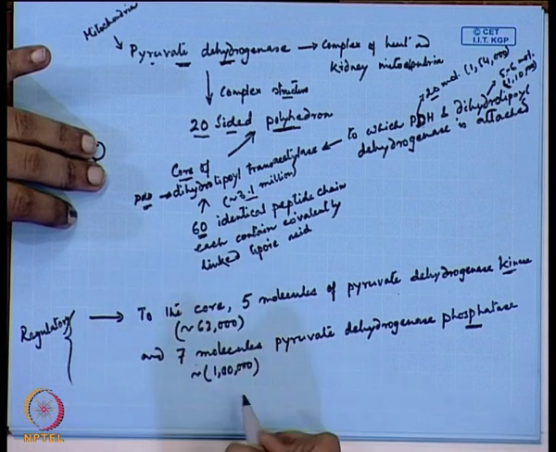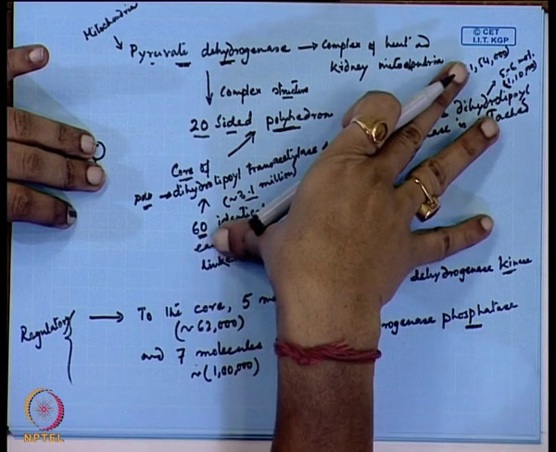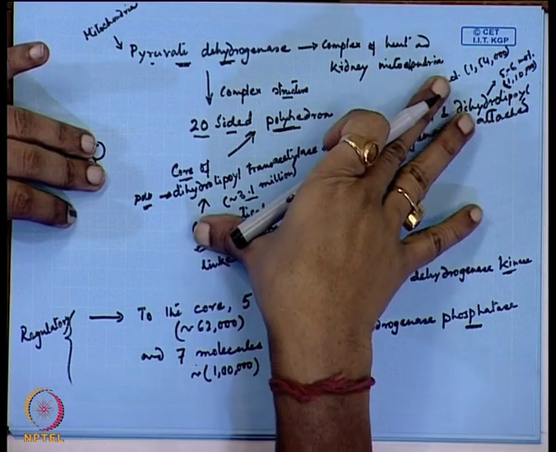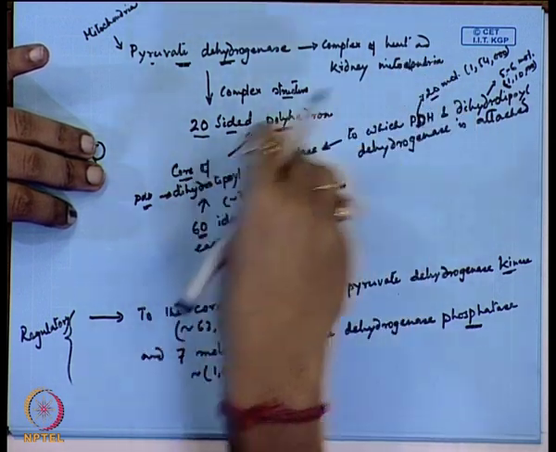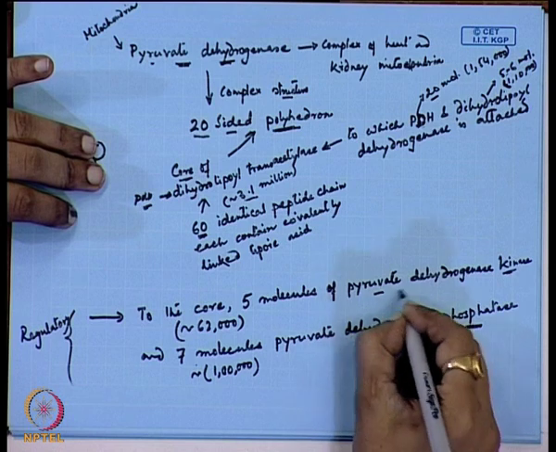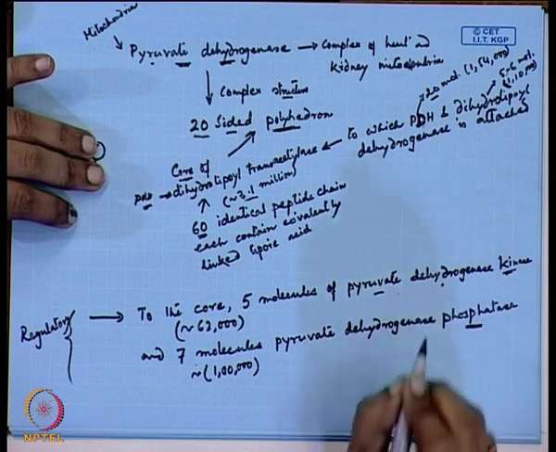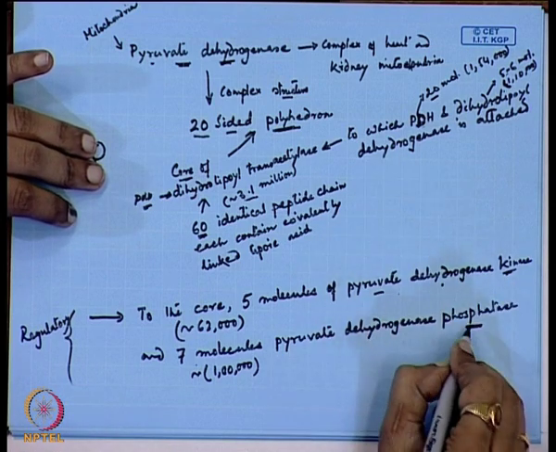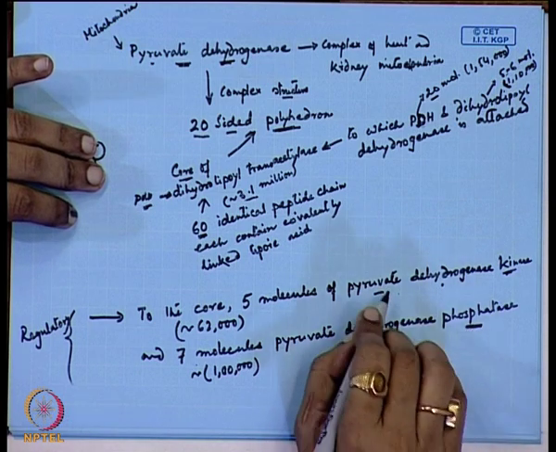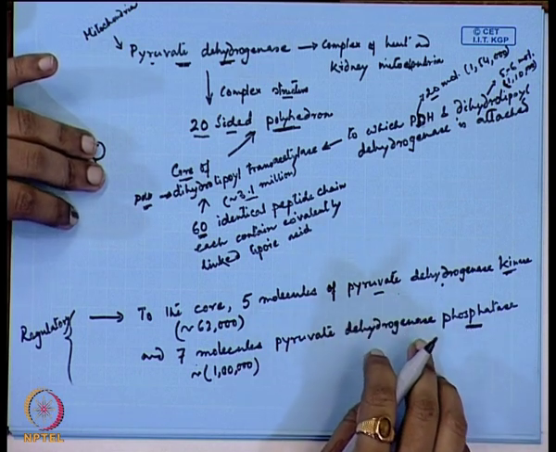So, you can understand that though it has 3 particular enzymes that have a direct role in conversion of pyruvate to acetyl CoA, these last 2 enzymes, pyruvate dehydrogenase kinase and pyruvate dehydrogenase phosphatase, play a significant role in the regulatory process of the TCA cycle.